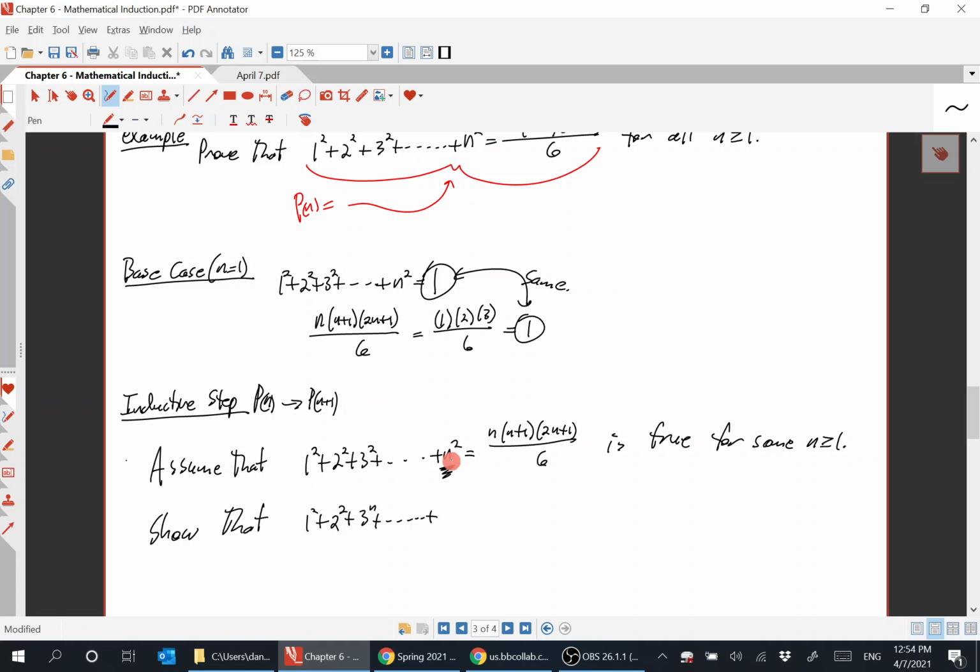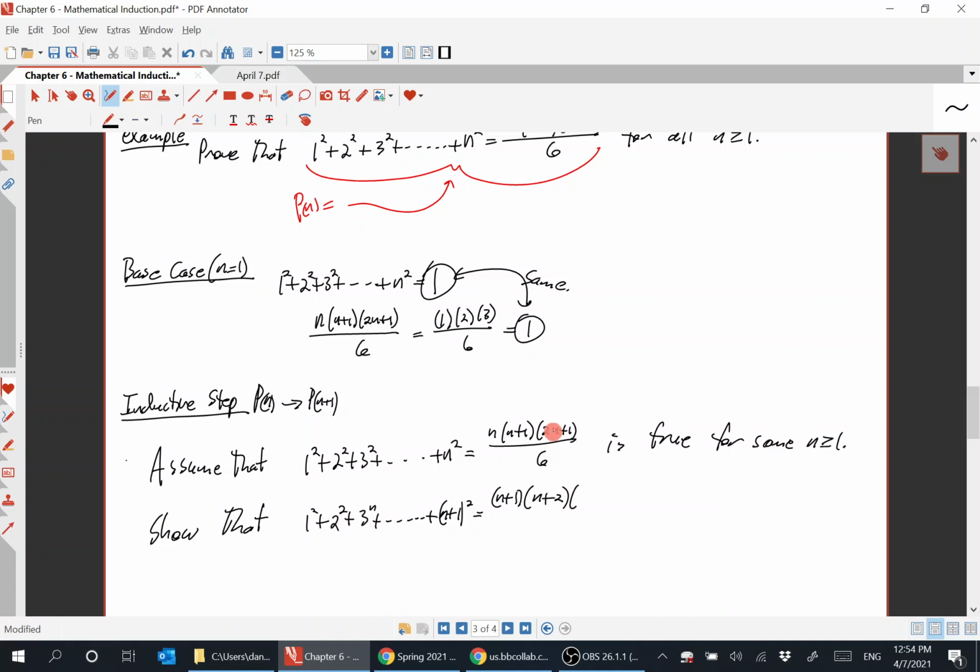n plus 1 squared. Yeah, just n plus 1 squared is equal to, and this becomes, well, n plus 1 times, what's this? So n plus 1 becomes, and simplify it if you can, n plus 2. n plus 2, and then 2 times n plus 1 becomes 2n plus 2.